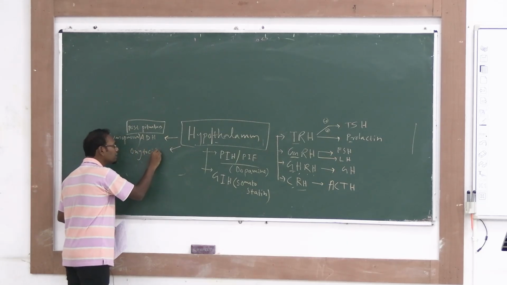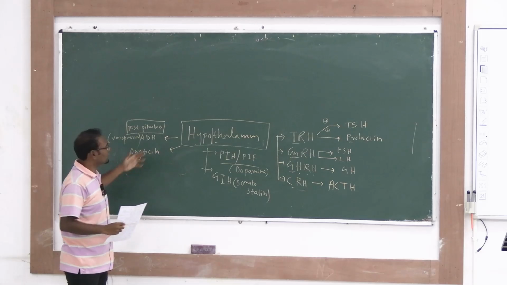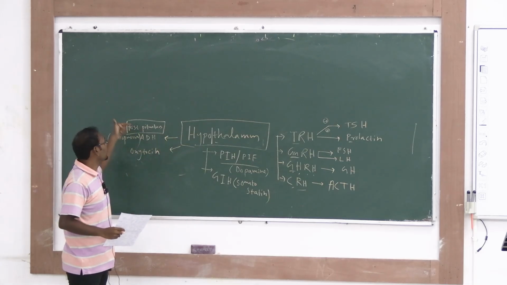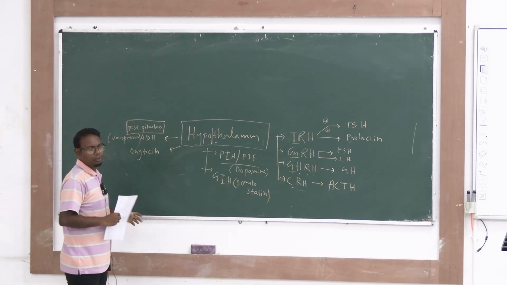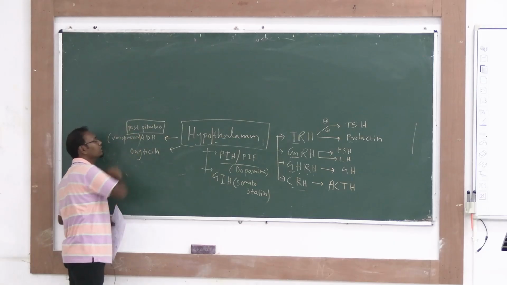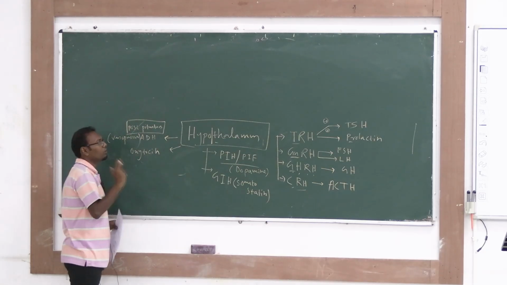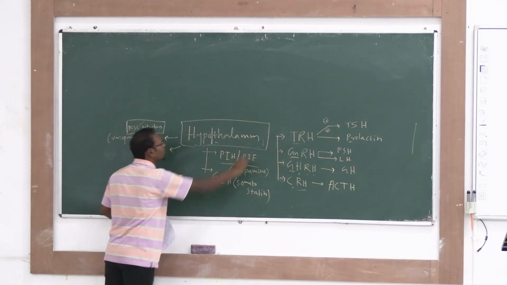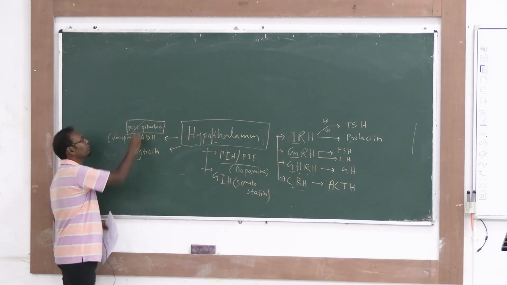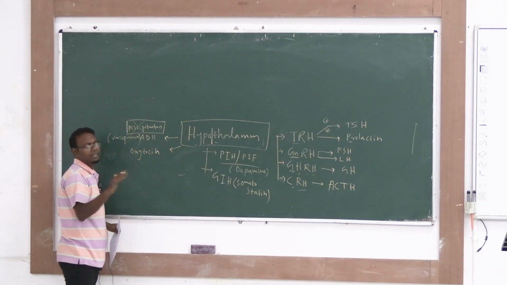So don't forget, these two are also released from hypothalamus but they are stored in the posterior pituitary. If the examiner asks, don't tell him that they are synthesized by the posterior pituitary. No, they are synthesized by hypothalamus. Technically, the posterior pituitary doesn't synthesize any hormone at all.